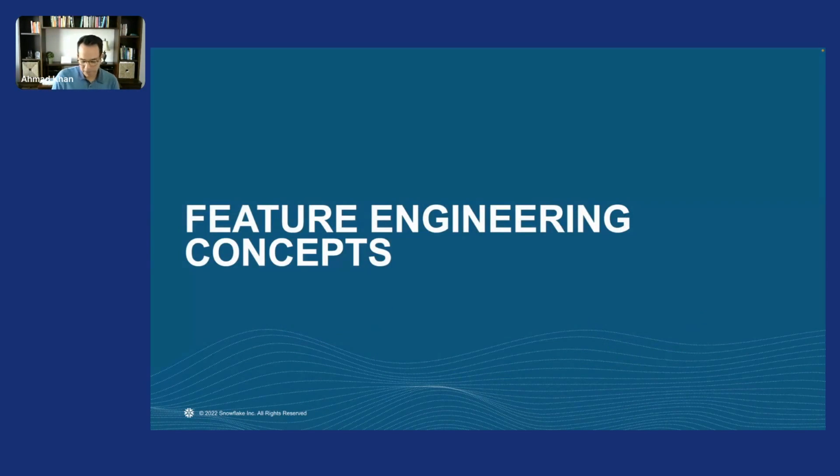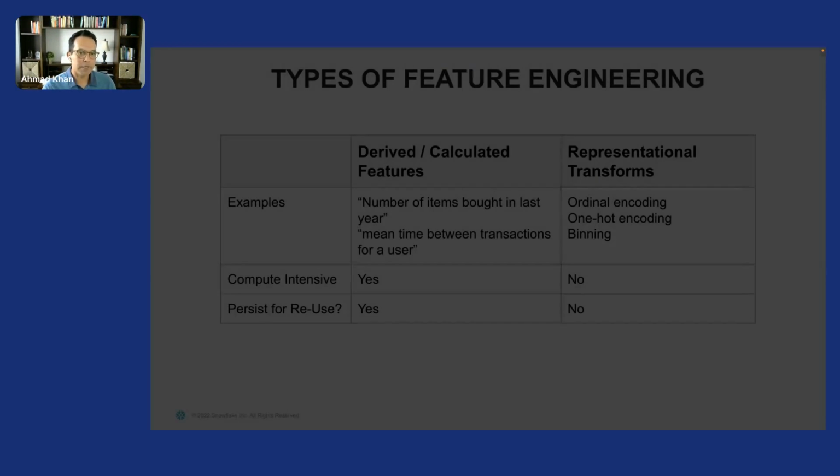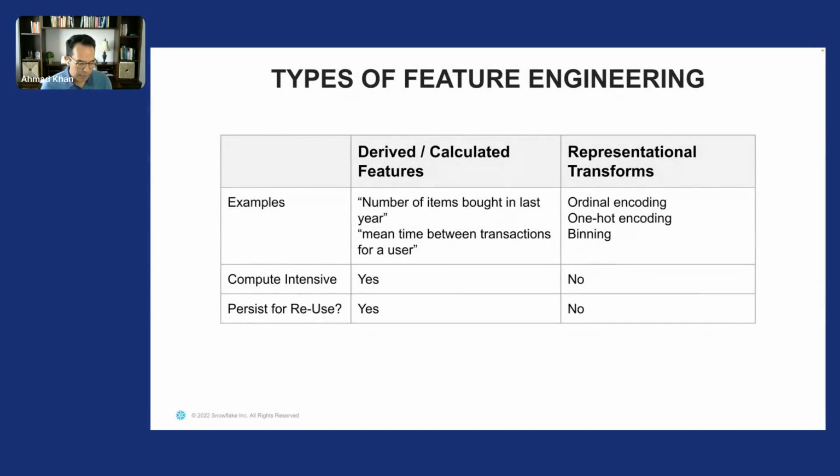Let's go and talk about machine learning pipelining. The most important thing is feature engineering, and there's a lot of terms here that overlap. And at a very high level, how we see feature engineering is we tend to bucket them in two different buckets. There are derived and calculated features, where you're doing things like grouping, sums, maxes, averages.